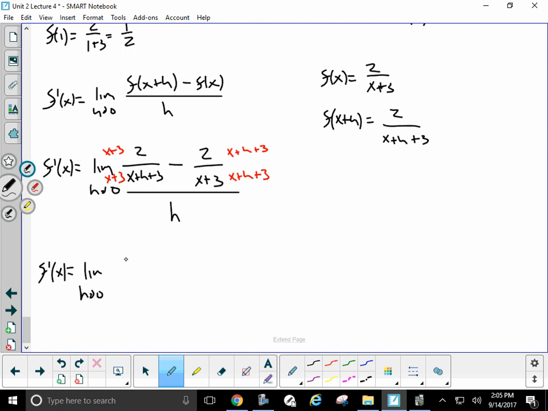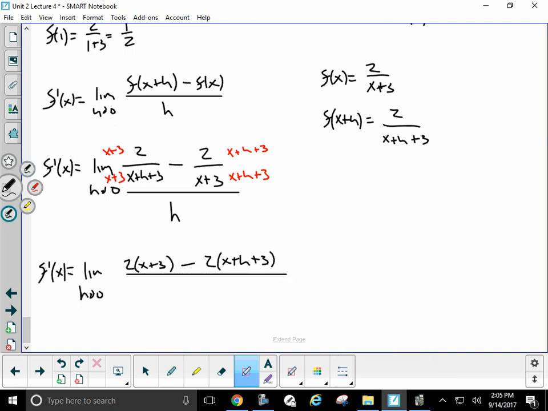So I'd have 2 times x plus 3 minus 2 times x plus h plus 3 over the common denominator of x plus 3 times x plus h plus 3. And that's divided by h. Don't let this disappear on you.